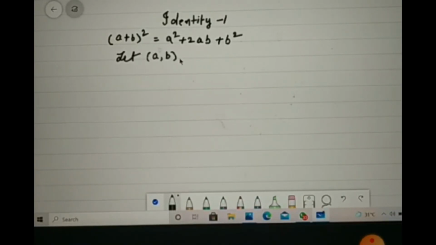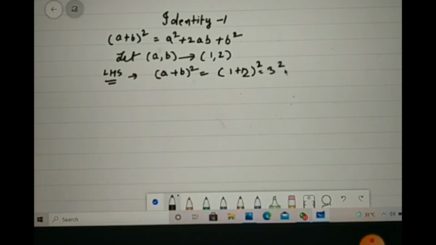So let a and b be 1 and 2. So a is 1 and b is 2, that we are going to put in the left hand side. The left hand side is (a plus b) whole square. So we substitute the value of a is 1 plus b is 2, and the whole square.